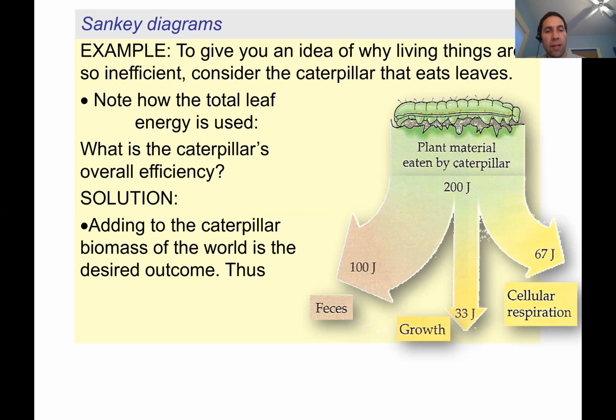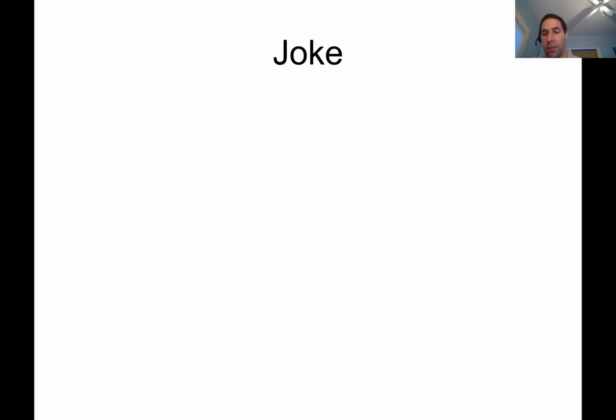Adding to the biomass of the world is the desired outcome. So the efficiency is the 33 joules, which is the growth, divided by the 200 joules. And so it's only about 17% efficient. So living organisms are quite inefficient when it comes to these Sankey diagram type things.